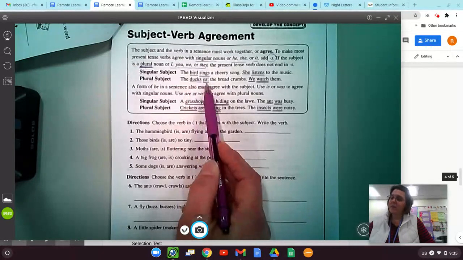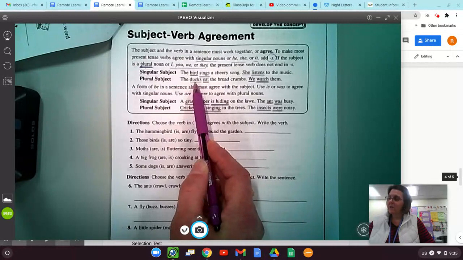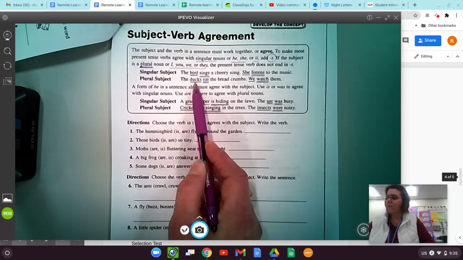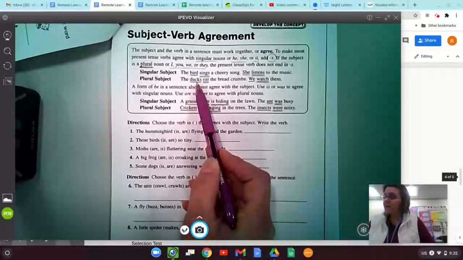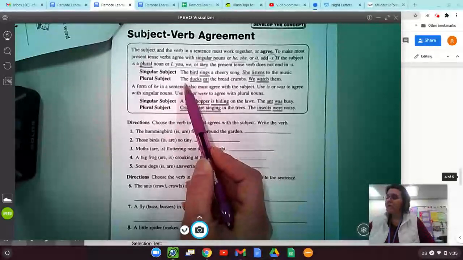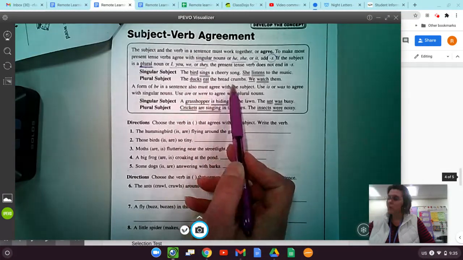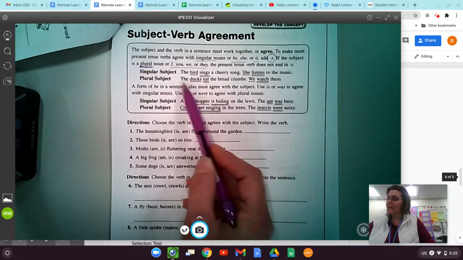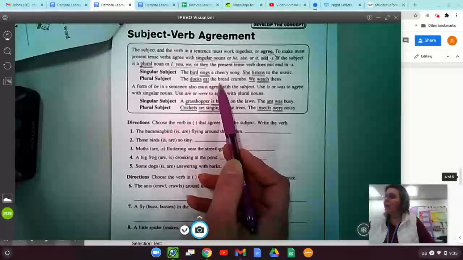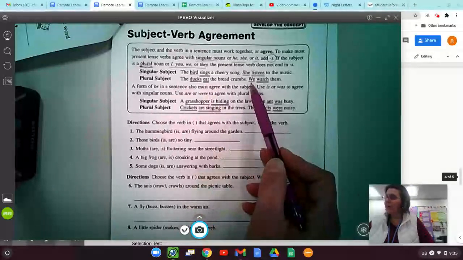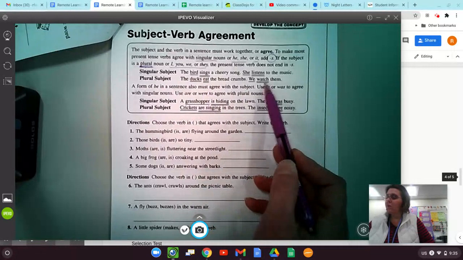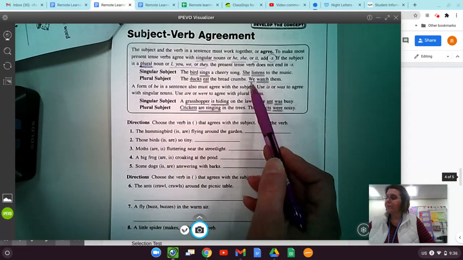If the subject doesn't have one, the verb does get one. So the ducks eat the breadcrumbs. You wouldn't say the ducks eats the breadcrumbs. That doesn't sound right. It doesn't match. We, that's plural, we watch them. So no s because this is plural.